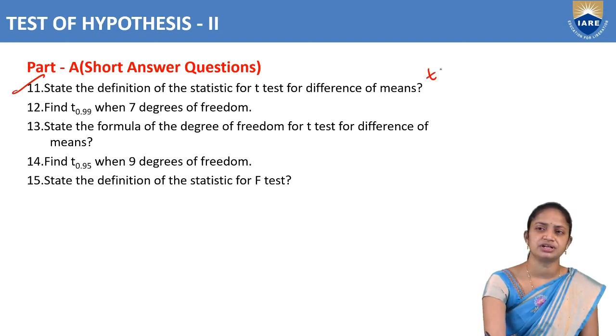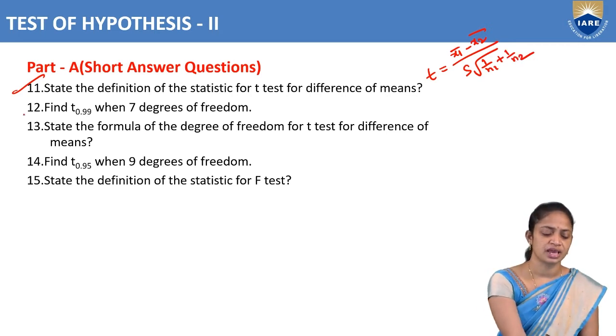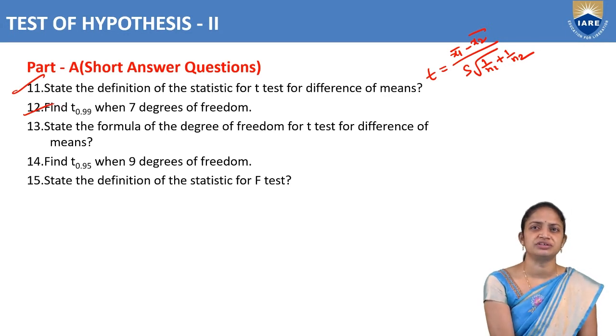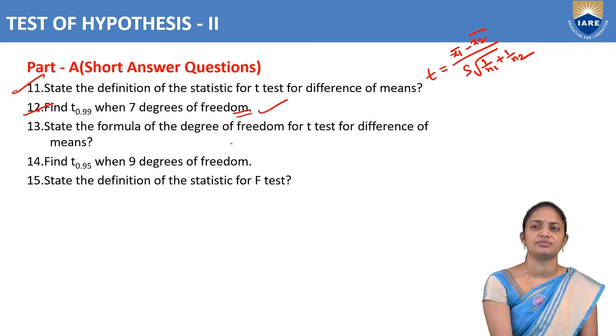The test statistic is x1 bar minus x2 bar divided by s into under root of 1 by n1 plus 1 by n2. The next question: find t 0.09 with 7 degrees of freedom. This value we can take from the t distribution table.